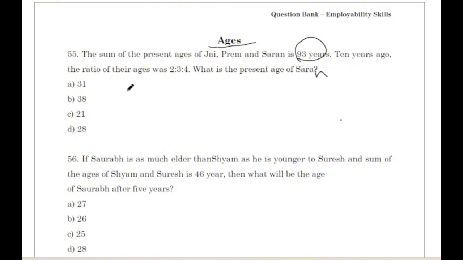Okay, what we can do is, how many people are there? 3. Let us see Jay, Prem, Saran. Because we don't know their ages, we can assume x, x, x, and the total is 93.